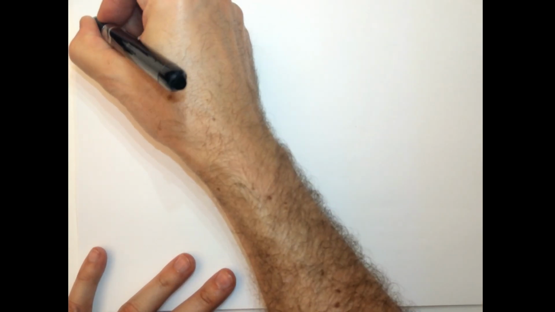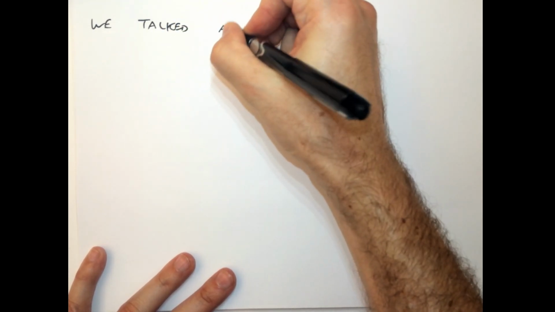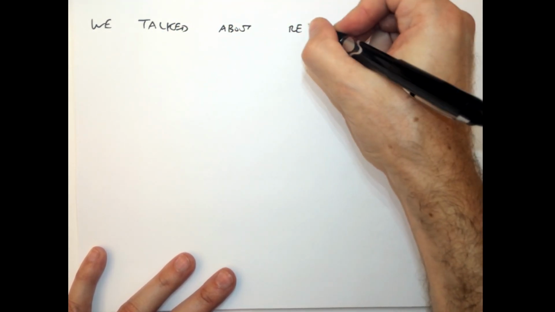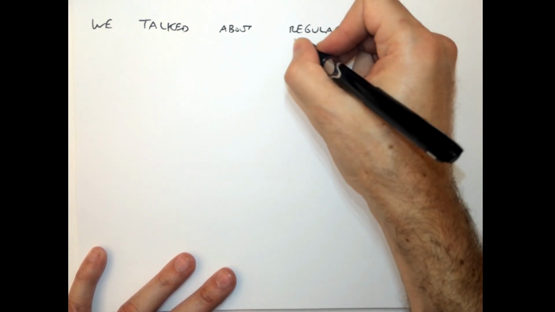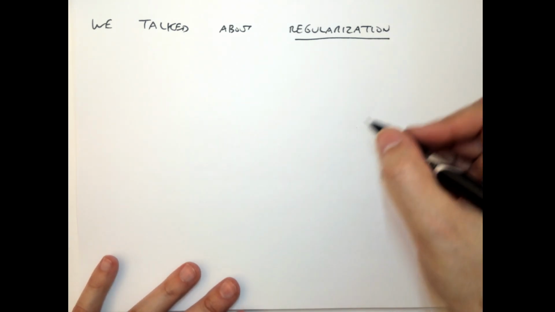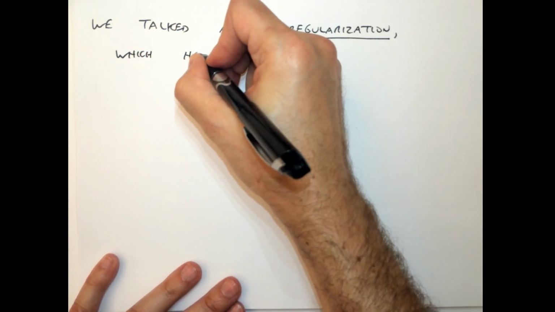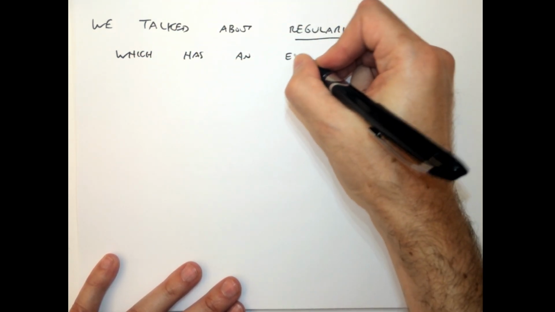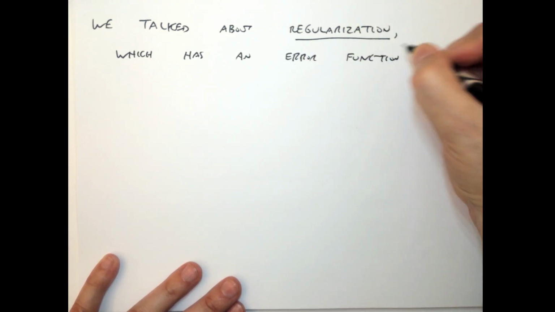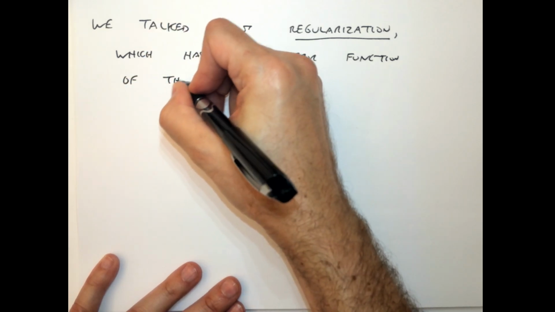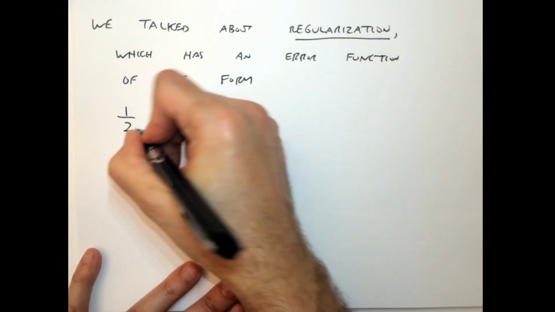So before, we talked about regularization, and we will also say more about this in future lectures, which has an error function of the form, the same error function I had before.